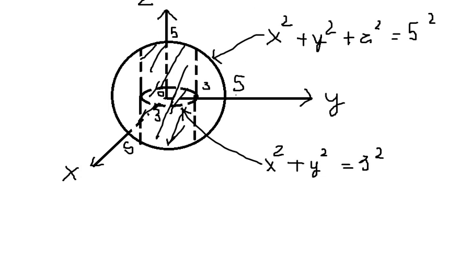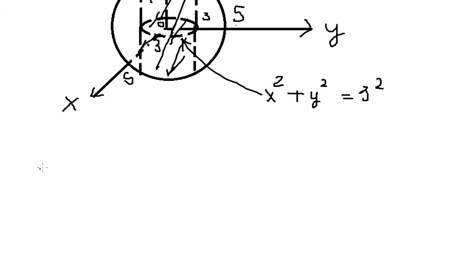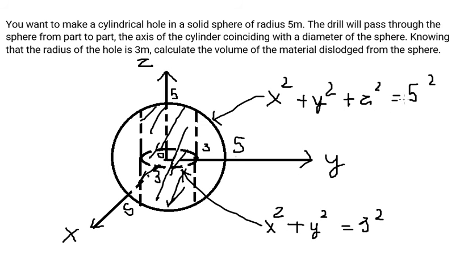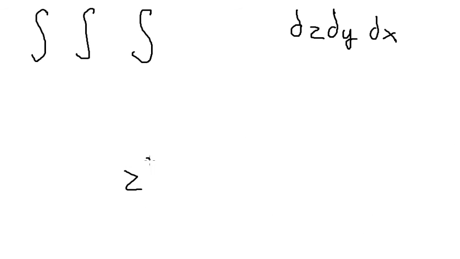So I will show you how to set up these triple integrals. We put dz, dy, dx. For z, we put this one to the right, so we get z squared equals 5 squared minus x squared minus y squared.